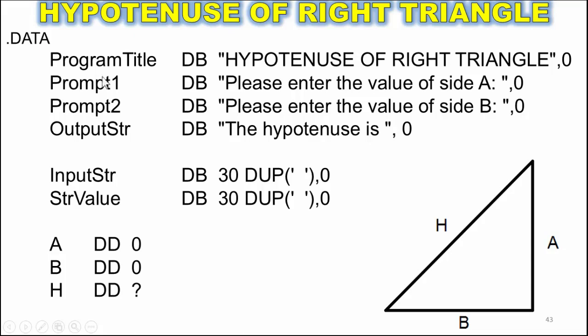In the data segment, I declared some memory variables to display prompt messages such as please enter the value of side A, please enter the value of side B. Output memory variable message such as the hypotenuse is, and some other memory variables to hold the value for the input side A, input side B, and the computed hypotenuse.